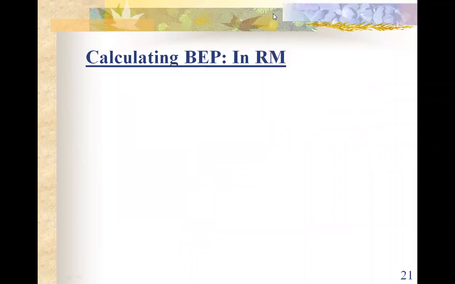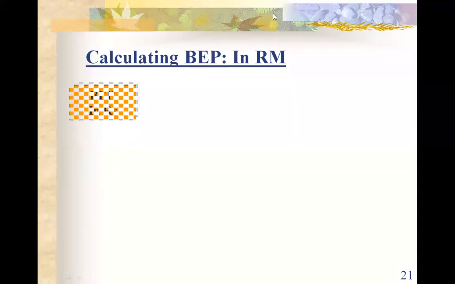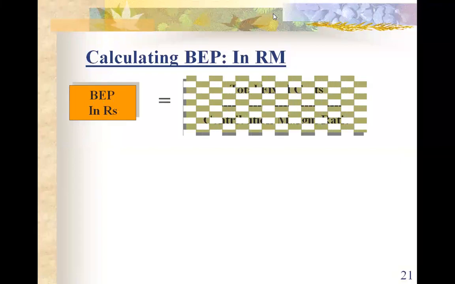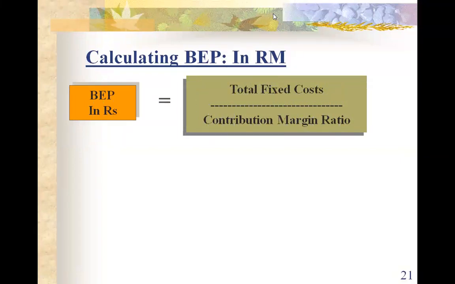Now we'll discuss calculating BEP, break even point in amount. I already said BEP in amount formula is fixed cost divided by contribution margin ratio. Okay, BEP in amount equal to total fixed cost divided by contribution margin ratio.